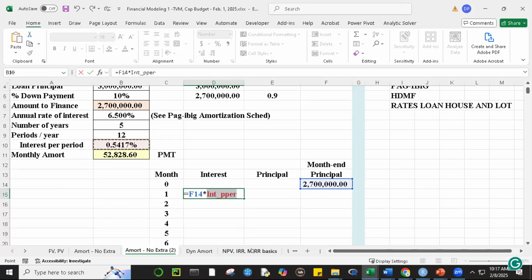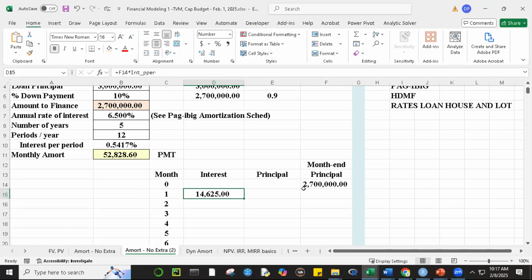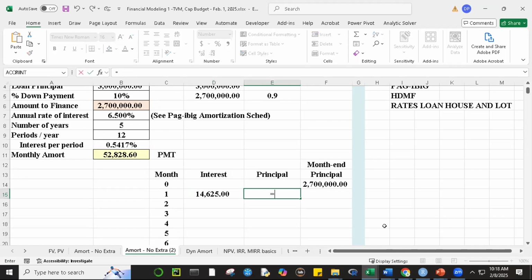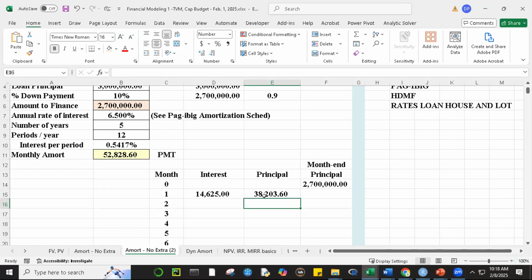Okay, Control Enter. So for the first month, 14,000 is the interest. And then take note, the monthly amortization is 52,828 minus the interest of 14,000 there. So a big chunk is going to the principal. Why?